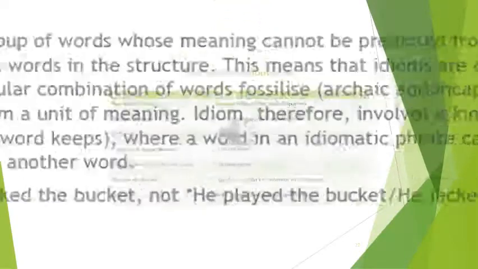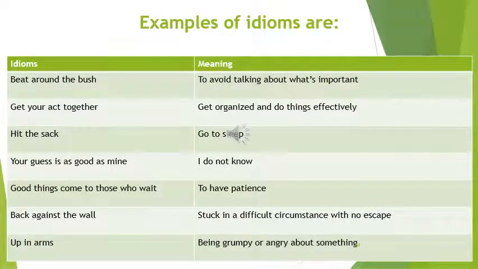Let's look at an example of an idiom: under the weather. Under the weather means to be ill, but you cannot understand the meaning by taking under separately and the weather separately.